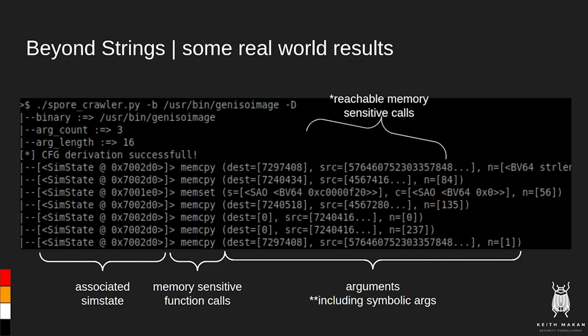So another cool example of this whole spore crawler tool that I was talking about in the previous slide is just so you get the idea. It shows the associated sim state, and this you can use to work out the actual memory address that's being called, or the block that this thing applies in. It shows you the blocks. Here we have a lot of mem copies in the same block.